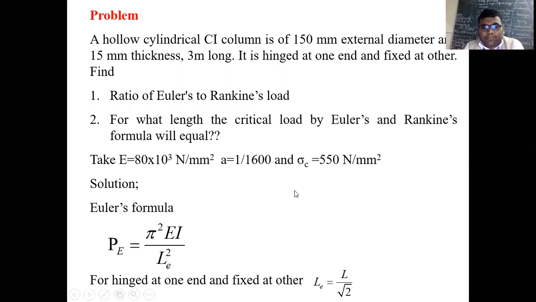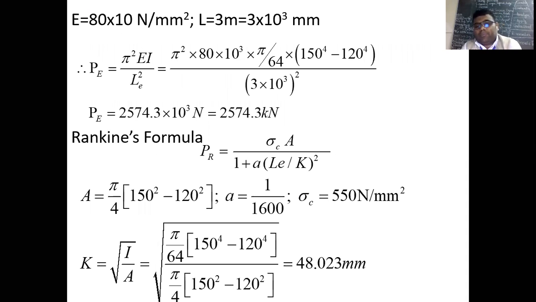Let's see. By using this formula, just put all the respective values and you will find the value of Euler crippling load. You can see that we have E, which must be 10 to the power 3. The length is given as 3 meters, then you convert it to mm, so it becomes 3 into 10 to the power 3.